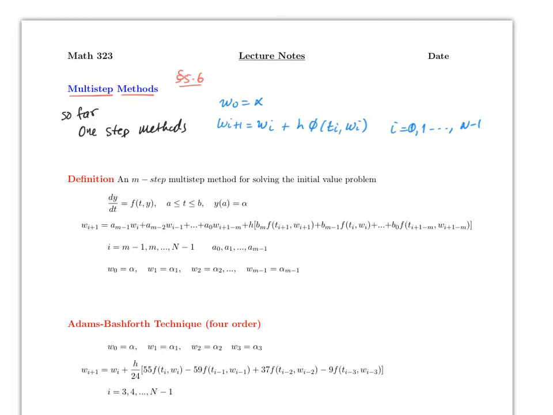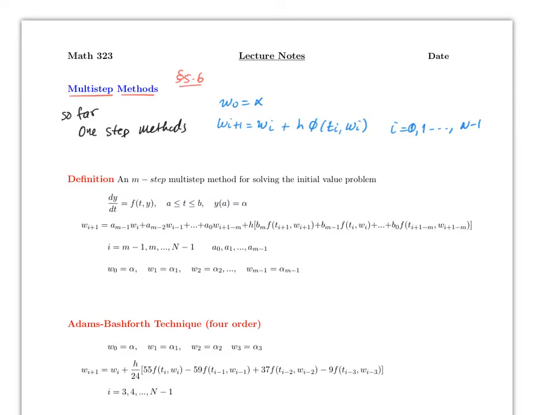And you notice here, the i plus 1 depends only on the previous value. So that's why they're called one step. And all the methods that we've done so far are one step because they all depend just on the previous value, and the function here depends only on the previous value.